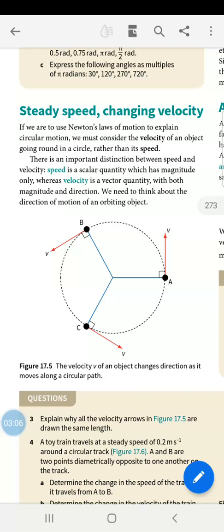Write down the note. When talking about circular motion, to apply Newton's laws of motion, we should discuss the velocity of the object.